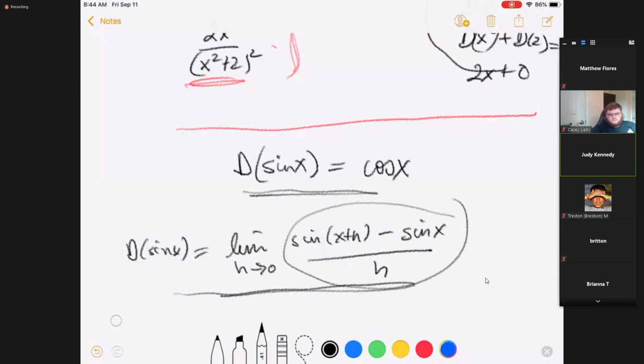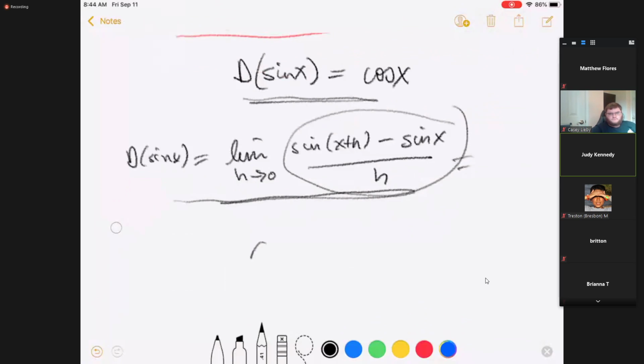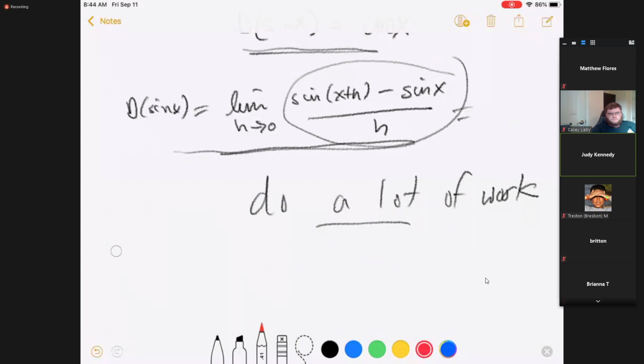There's a formula for the sine of a plus b. We can use that, and it gets a little complicated. But you do a lot of work in between, and this limit turns out to be the cosine of x. There are a lot of steps in between.